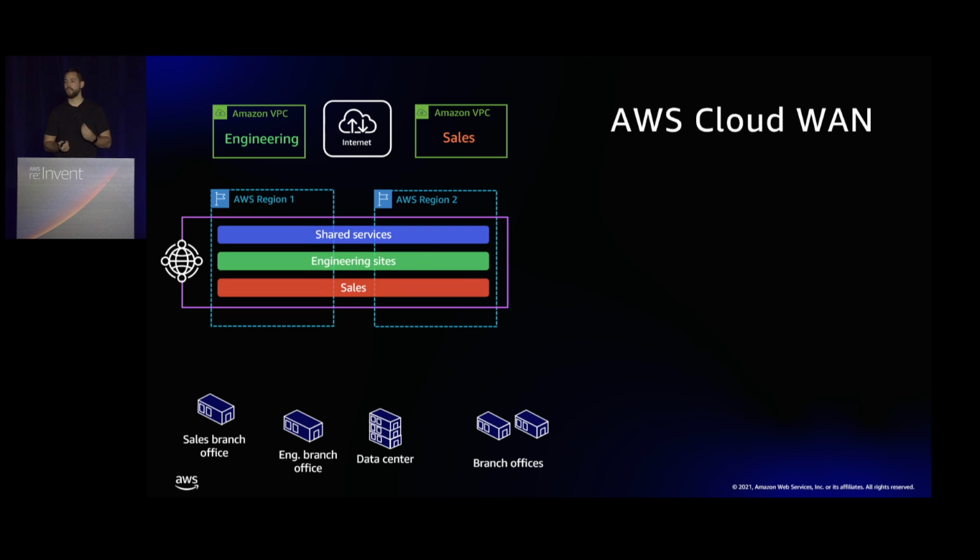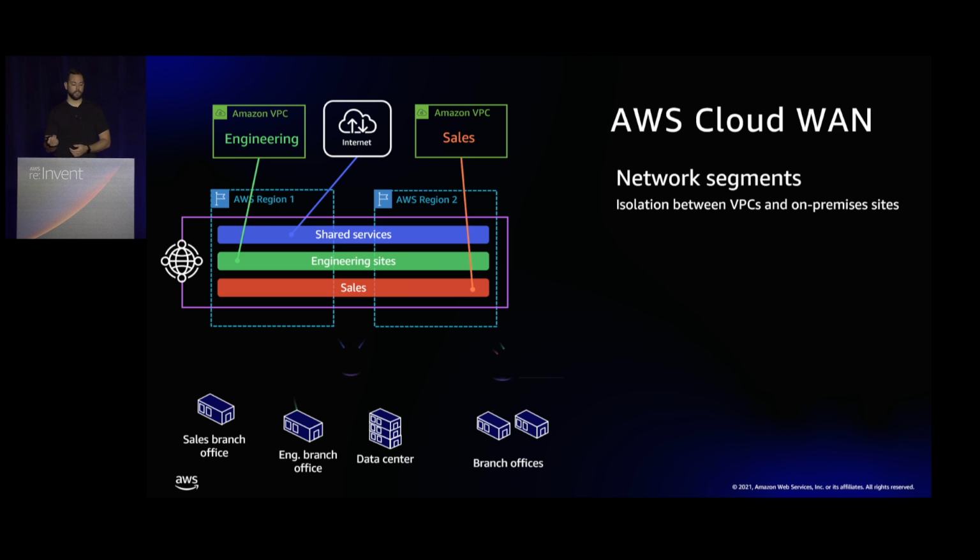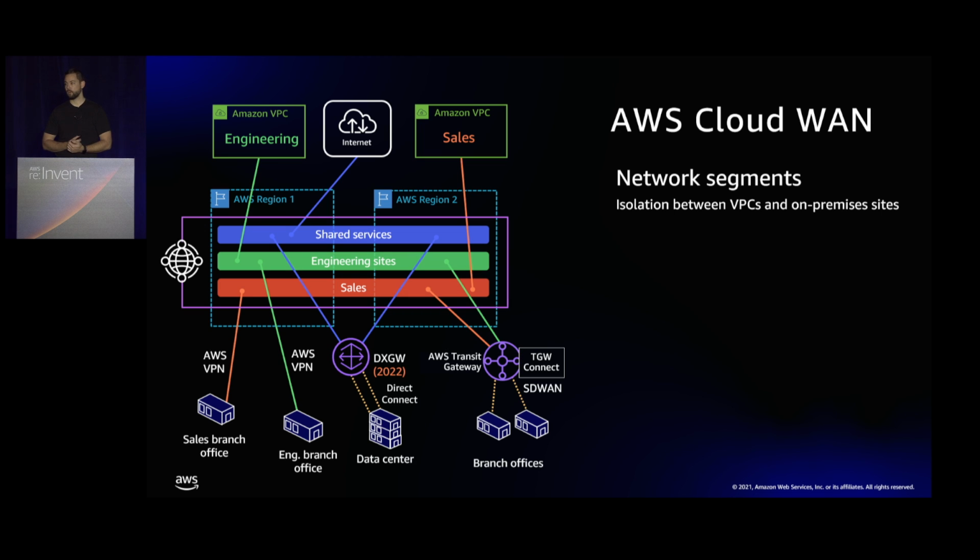But essentially, you create these policies or network segments, and here we've got shared services, engineering, and sales. Each of these attachments or connections would attach to a different segment. So we've got engineering connected to the engineering segment, sales to the sales segment, etc. But you'll also notice that we've got our VPNs connected to these segments as well via VPN attachments.